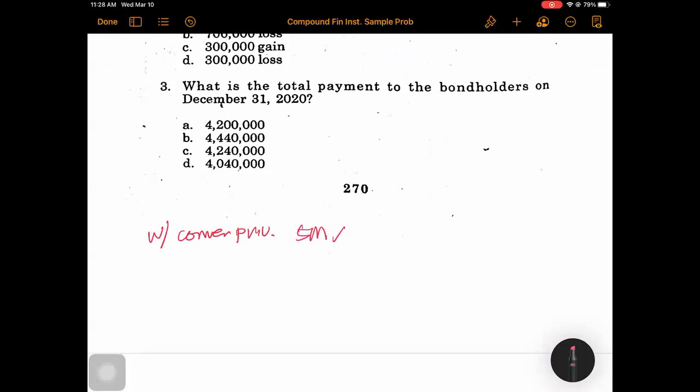That's 5 million times 1.05. Okay, that's 5,250,000. While pila tong without conversion privilege, that's 5 million times 0.95. That's 4,750,000.